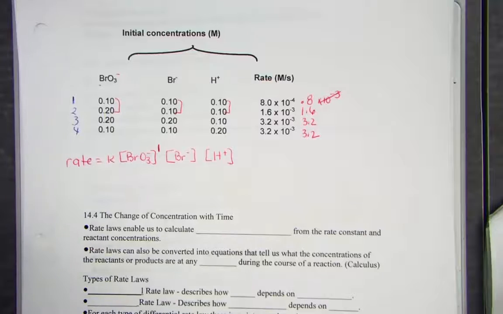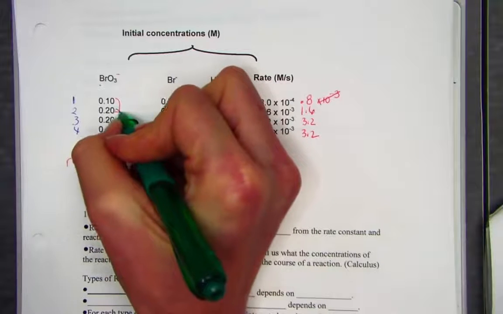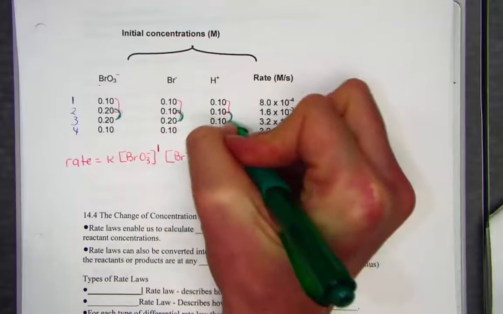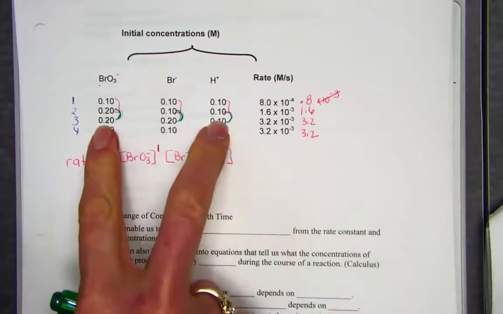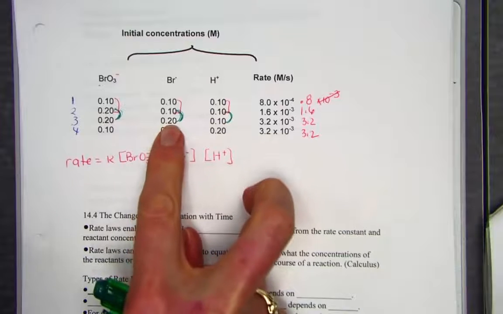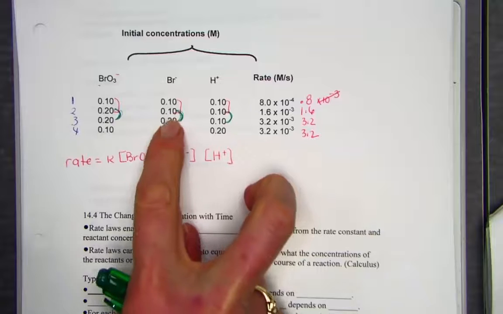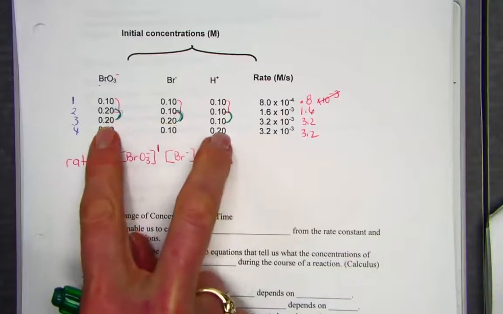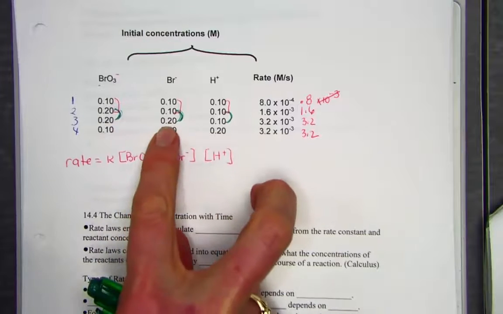I notice between trial 2 and 3, I'm holding 2 reactants constant and only changing bromide. I'm doubling bromide, the other 2 are left constant. Therefore, the only thing influencing the reaction rate is the middle one, bromide.